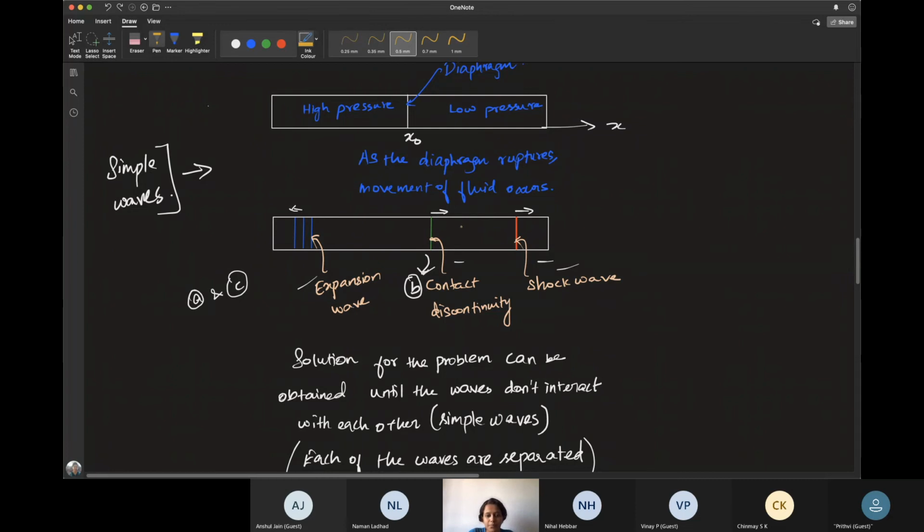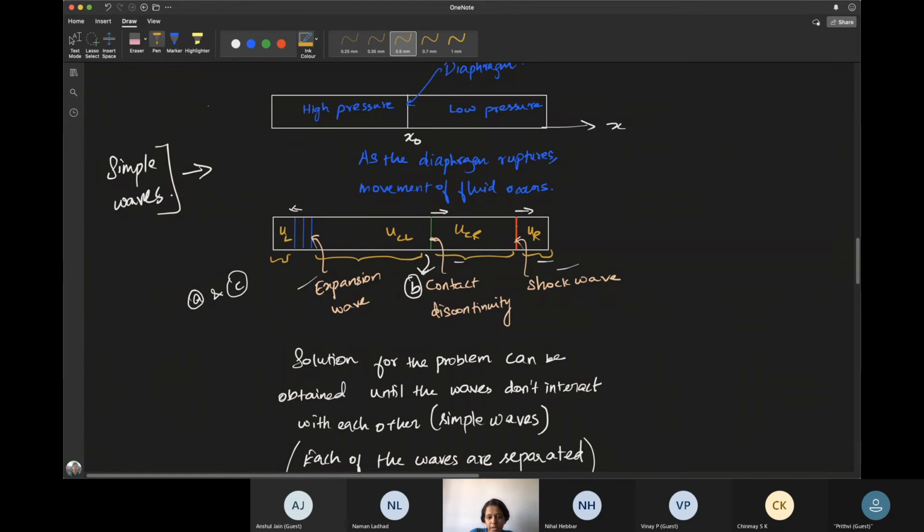Let's say this as U contact right, U contact left. This is U left and U right. So the solution for U is constant in all these regions.